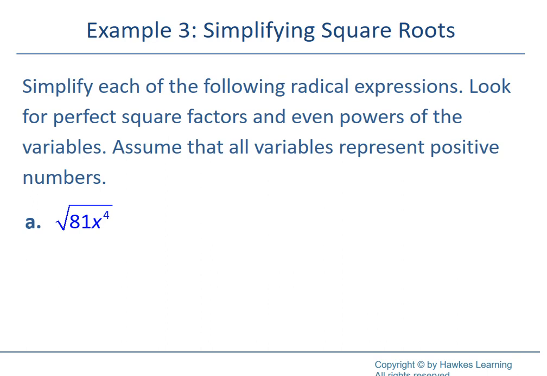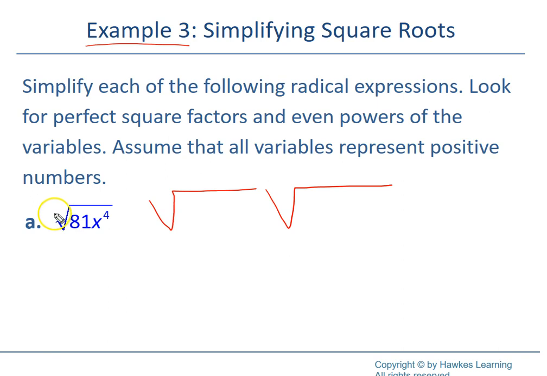Okay. Now for something like this, we're on example 3. You should write the example numbers down in your booklet. 3a. So again, under one radical sign, the perfect squares. Well, actually this one is a perfect square.